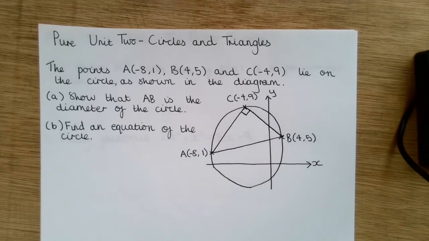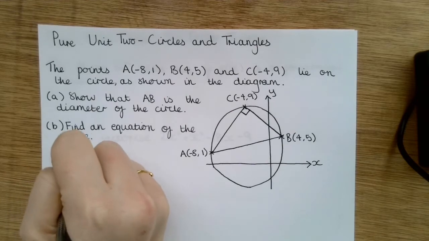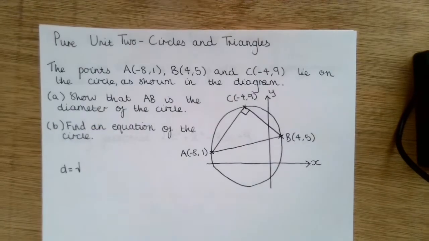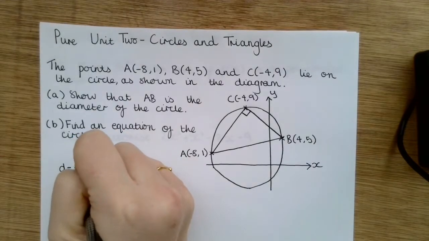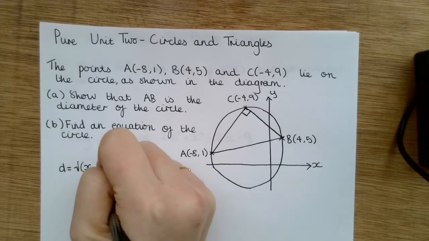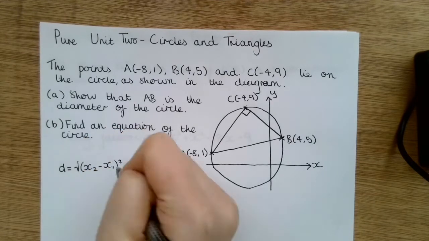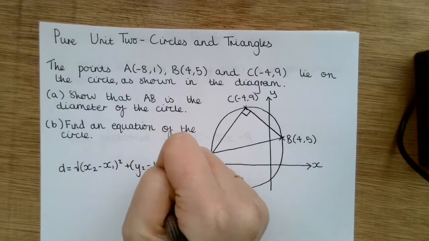So I'm going to first of all find the length AB. I'm going to be using the distance between 2 points formula here, which is d equals the square root of (x2 minus x1) squared plus (y2 minus y1) squared.